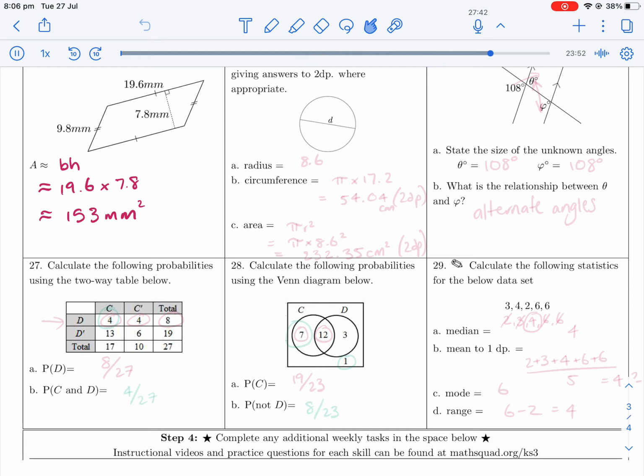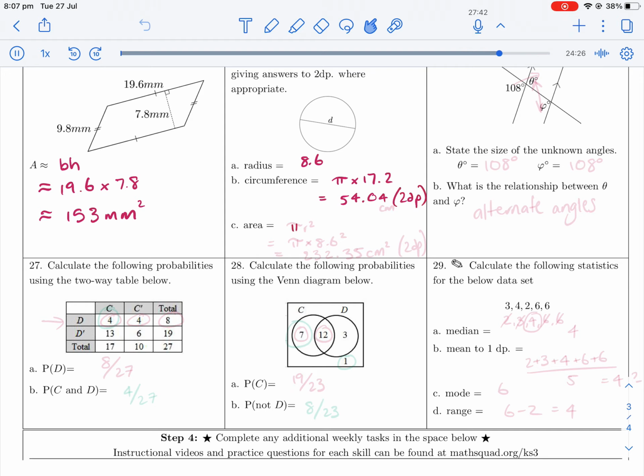Right, if you want the radius and you're given the diameter, you need to divide it in half. 8.6. All right, circumference equals pi d, pi times diameter. 54.04 to 2 decimal places.